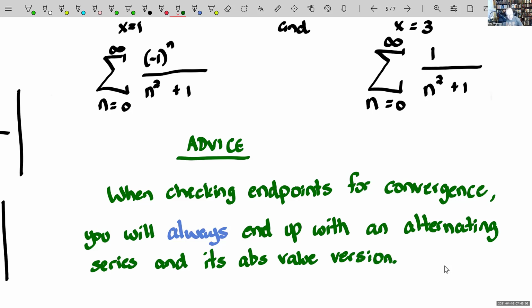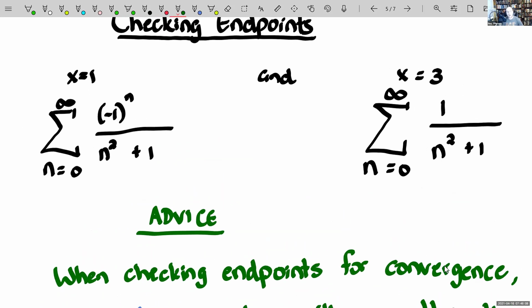It's my way of bolding. That's what we have here. An alternating series on the left and the absolute value version on the right.